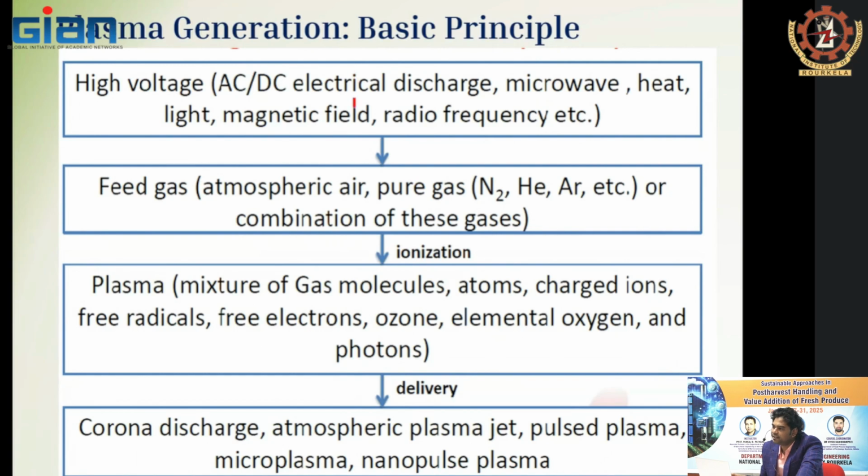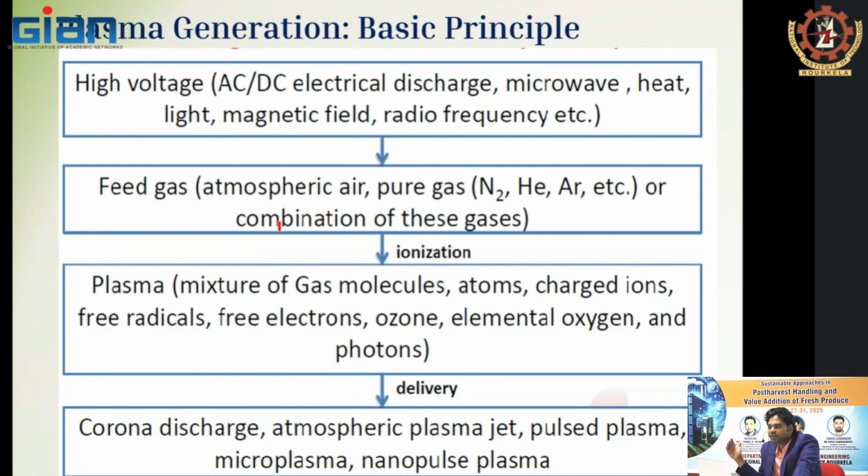So already we have an electromagnetic field where the electrons are excited, which makes it very easy to produce further plasma. And we need a feed gas. As we are going to ionize the gaseous phase, we need a source of gas. If it is atmospheric gas, it has a mixture of gas composition, and then our resulting plasma will also have a mixture of reactive species.